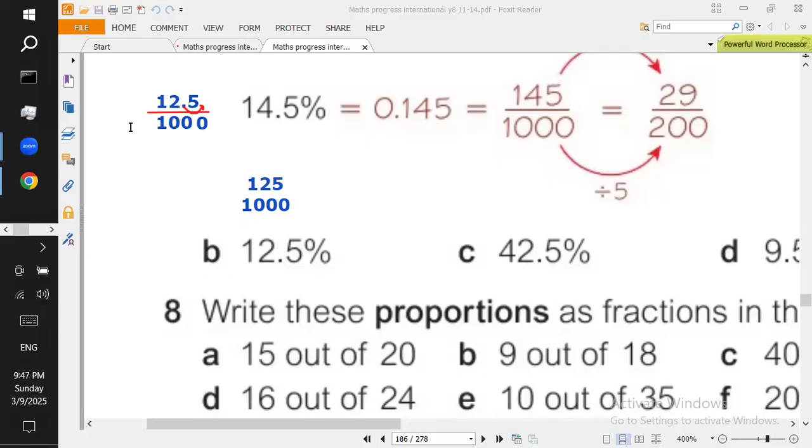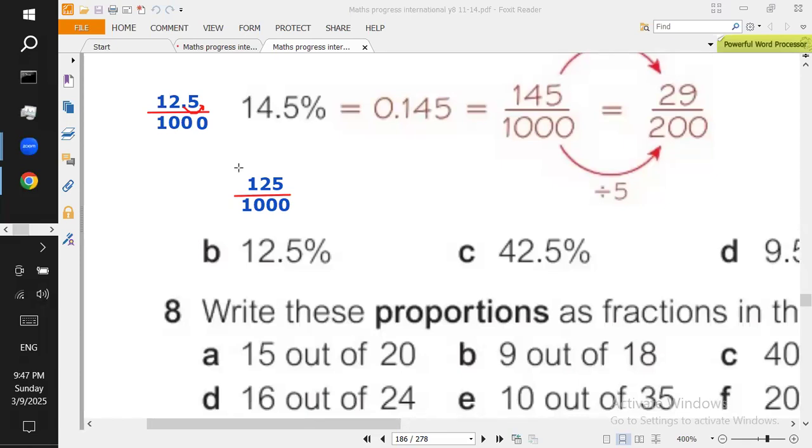Now, you can simplify the fraction if you can by dividing. How do you simplify it? You can use a calculator, just divide them by each other. It will give you the answer. Or you can divide by 125 as the highest common factor between them.